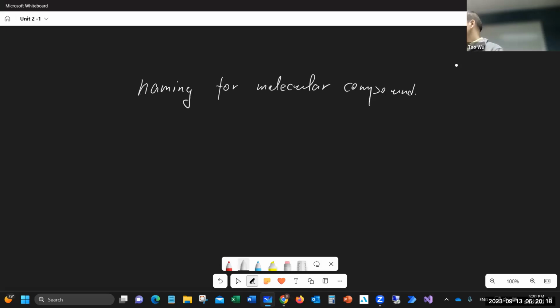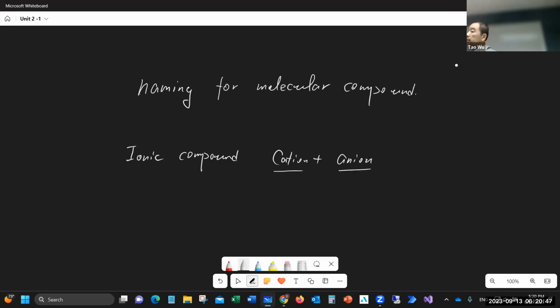An ionic compound is made by cations and anions. They have charge. An ionic compound is a cation plus an anion, which means those are charged ions.